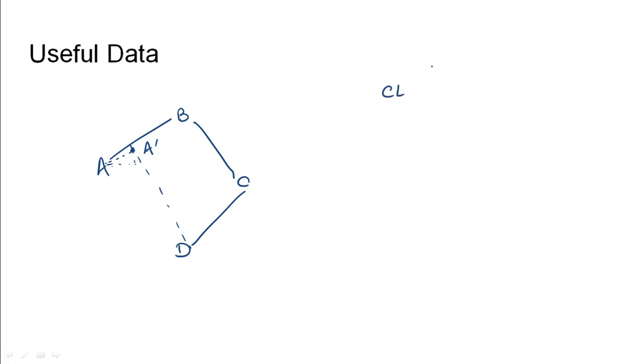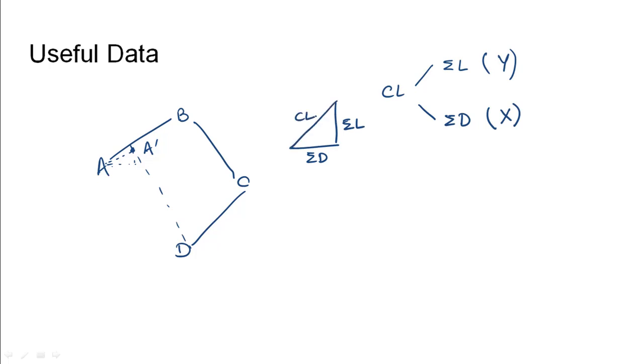The first component will be the summation of latitude and the second component will be the summation of departure. The summation of latitude will be along the y-axis and the summation of departure will be along the x-axis. So if we have summation D along the x-axis and summation L along the y-axis, this is the value of closing error.